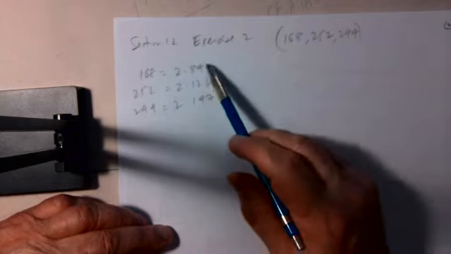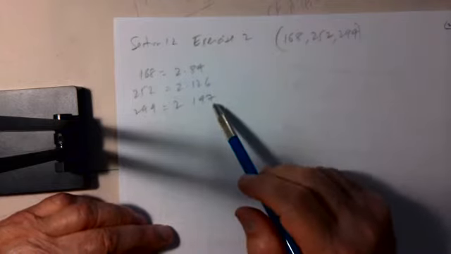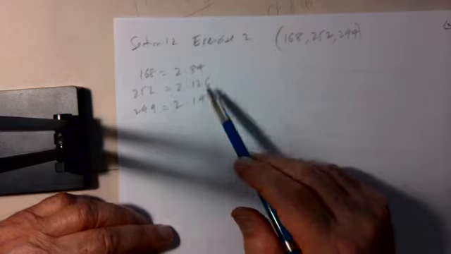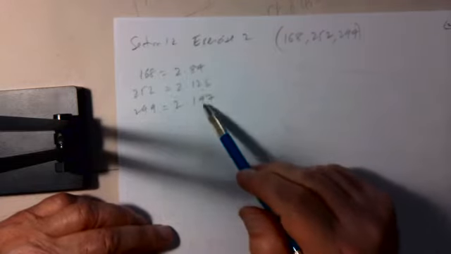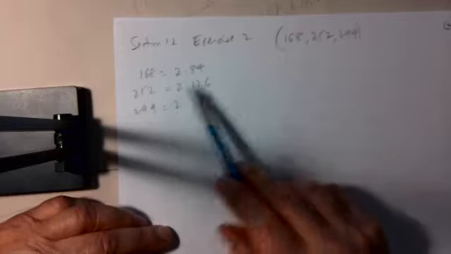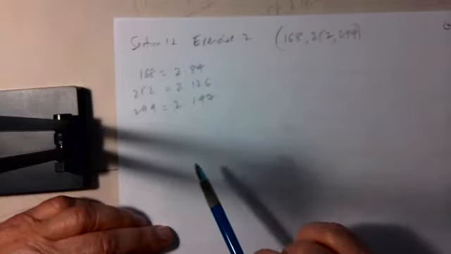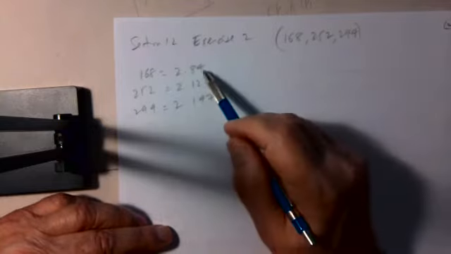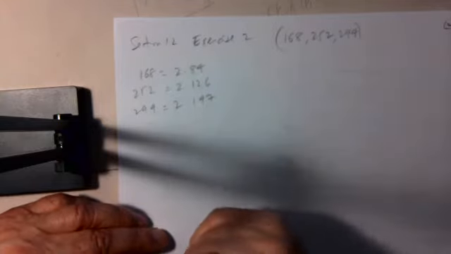Now, these 3 numbers, 84, 126, and 147, they're not all even, so 2 doesn't divide them all. So 2 divides all 3 of the original numbers, but 4 does not. 4 doesn't divide 294. But let's look at these 3 numbers.